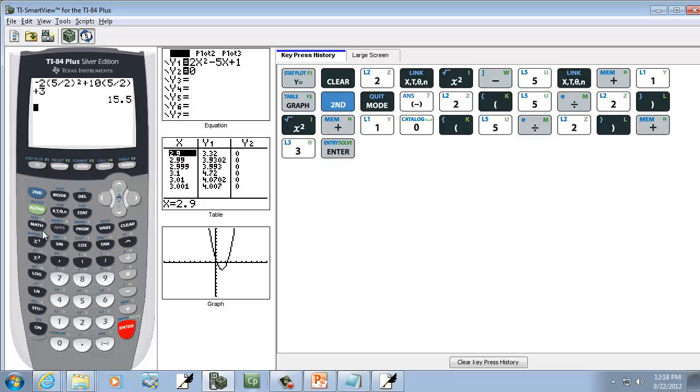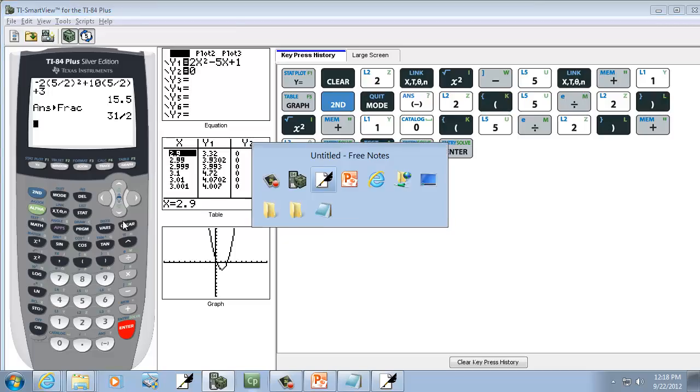And if you press enter, you get a decimal. If you do math, enter, that'll change it to a fraction, and it's 31 halves.